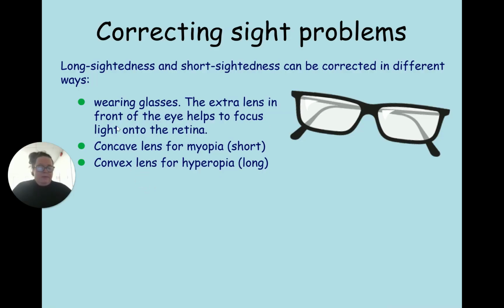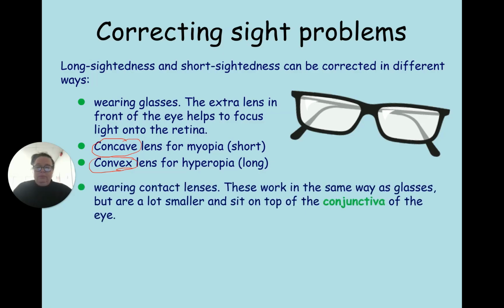And two different types of lenses here. So we've got a concave lens for short-sighted and a convex lens for long-sighted. Or we can have contact lenses. So they work the same way, but they just sit on your eyeball rather than being in front.